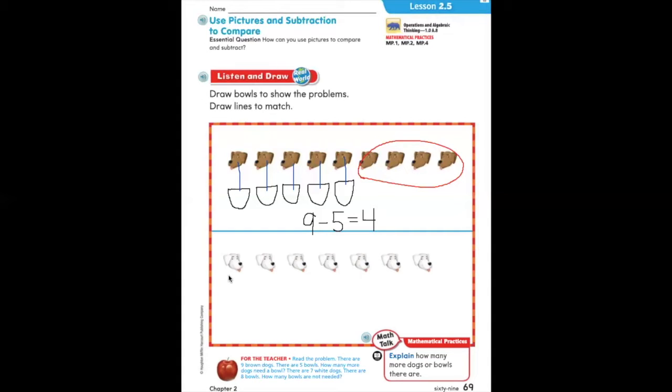Our problem says there are 7 white dogs and 8 bowls. Let's draw 8 bowls right underneath our white dogs.